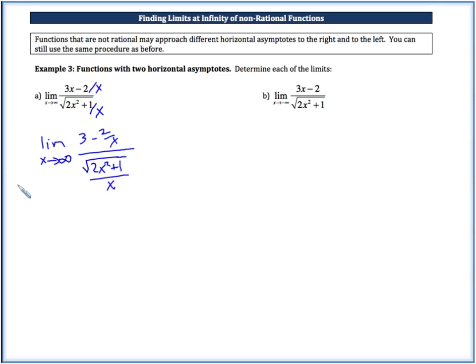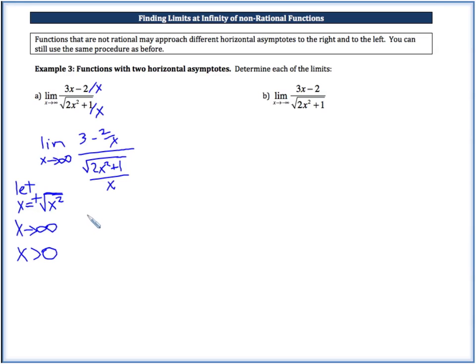We're going to let x equal the square root of x squared, the positive value, because when x goes to infinity, we know x is greater than 0. So these things all have to match up. When x is going to infinity, x is positive, meaning we're going to let x be the positive square root of x squared.